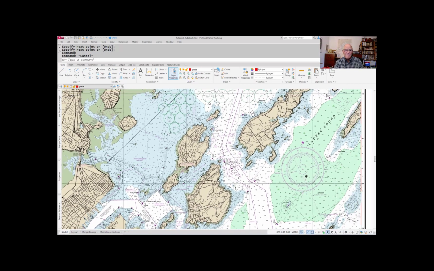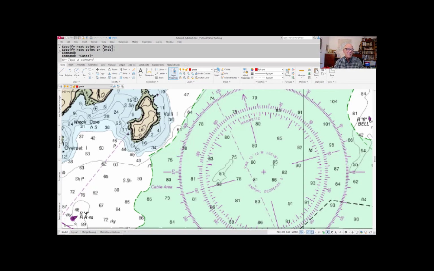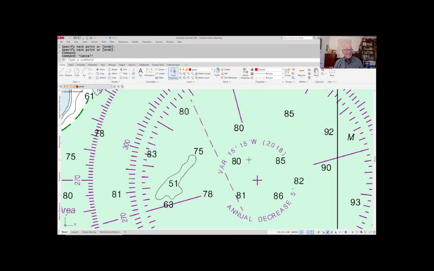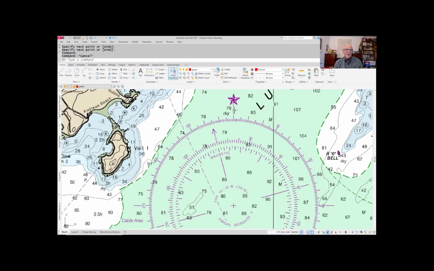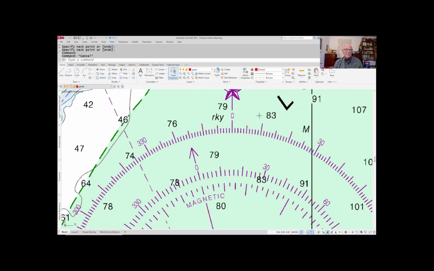Now there's a compass rose over here. You'll be glad to know, folks, that I actually did update my chart this time, which I'd forgotten to do before. That's 15 degrees, 15 seconds. So we're going to have a variation of 15 degrees west. That means the magnetic heading is going to be 15 degrees larger than the true heading. And that's something you can always figure out simply by looking at a compass rose.